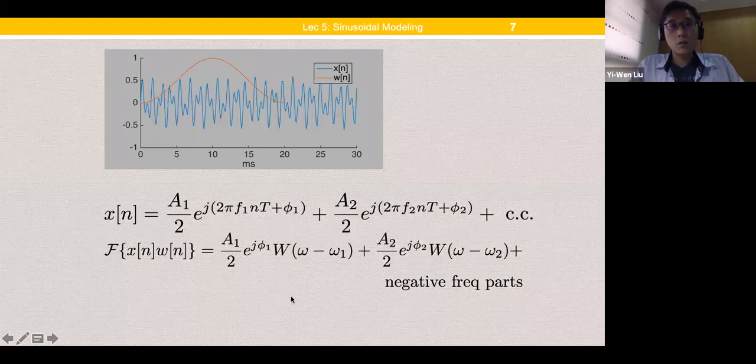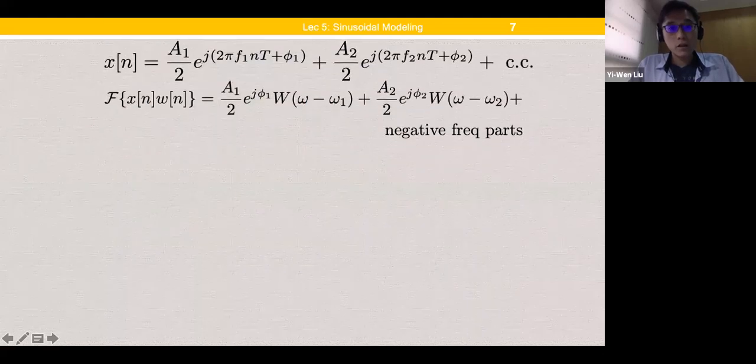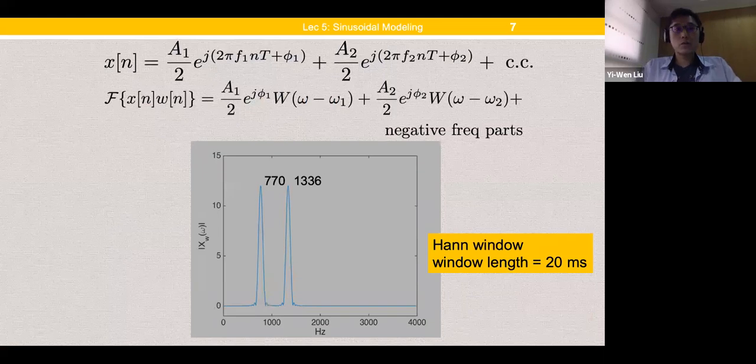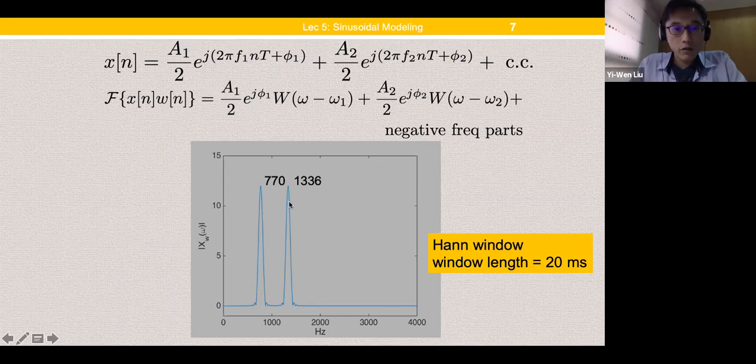Keeping this mathematical expression in mind, for example, if the window is a Hann window of length 20 milliseconds, indeed we see one copy of the transform of the window and another copy exactly at the right frequencies, 770 and 1300. So that's one example.